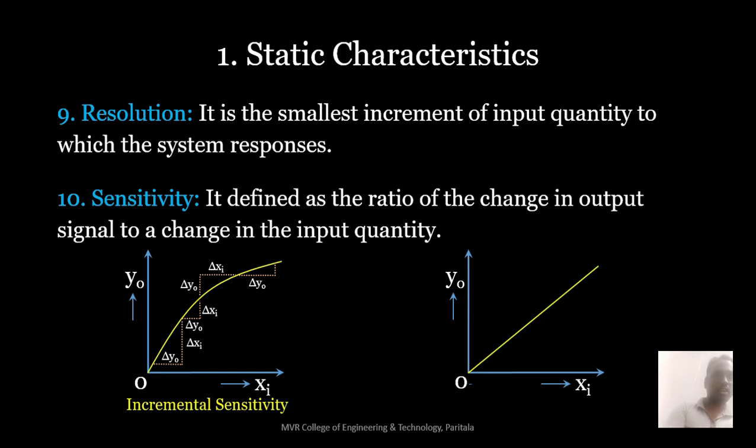This type of instrument will have no problems, but such instruments are very rare, practically impossible. Most instruments will have incremental sensitivity. Linear sensitivity is the ideal case; it is not possible in practical cases.